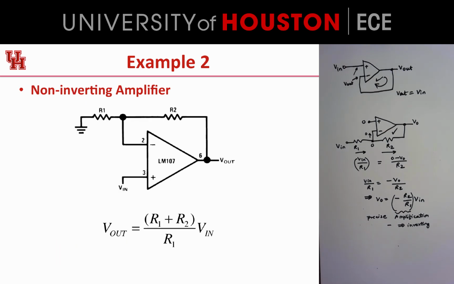Now let's look at this other circuit here. So if we were to take the same op amp, plus, minus. Now instead of applying 0 to this, suppose I apply an input voltage here. And I have the same kind of a feedback arrangement.